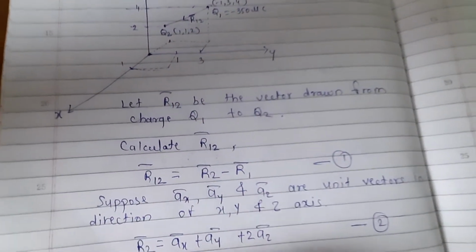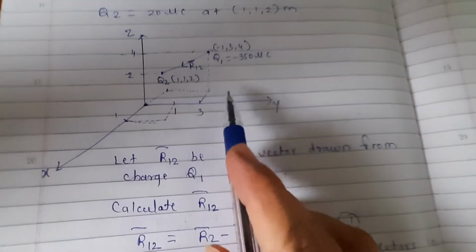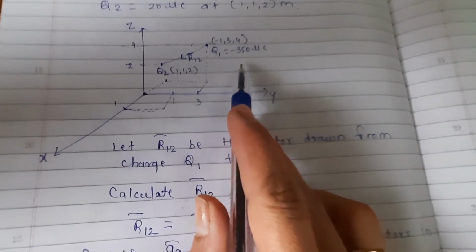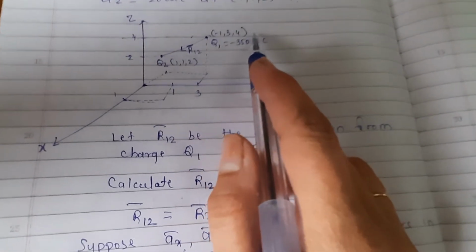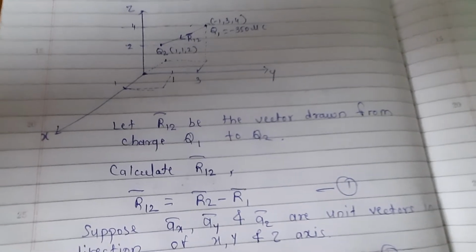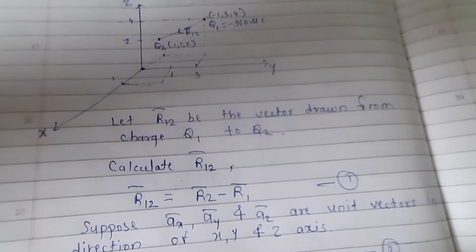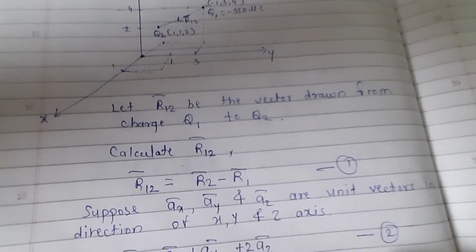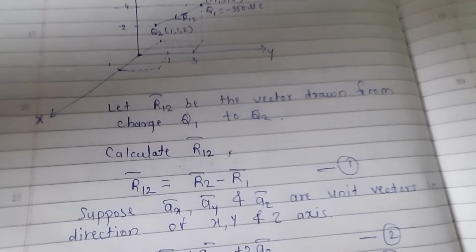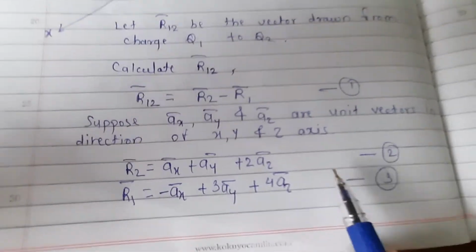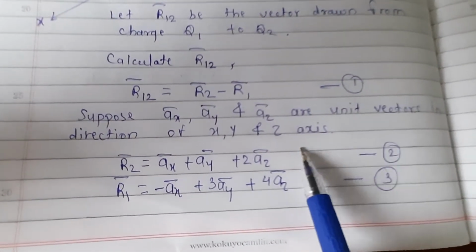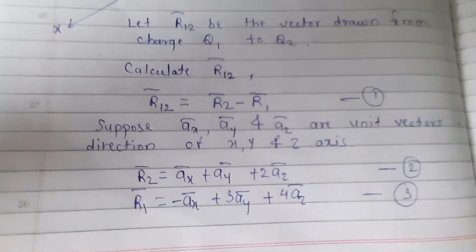And r1 bar is minus ax bar plus 3ay bar plus 4az bar. This is equation 3. Now we put the values of these two, r2 and r1, in equation 1.